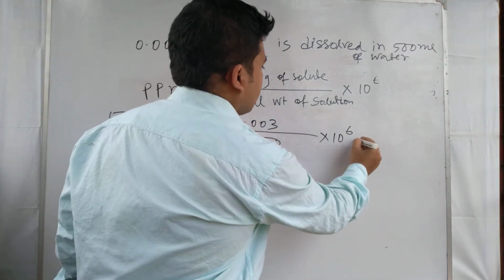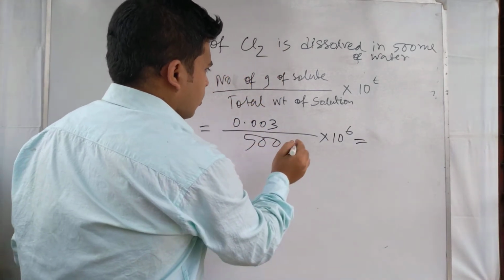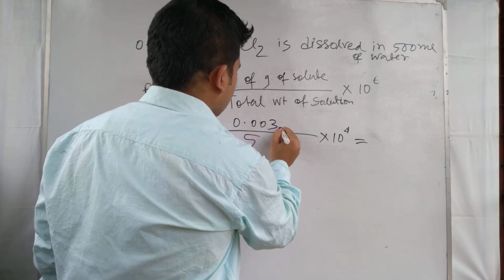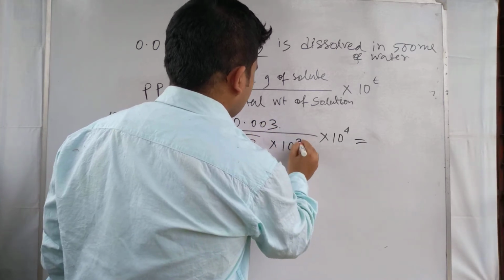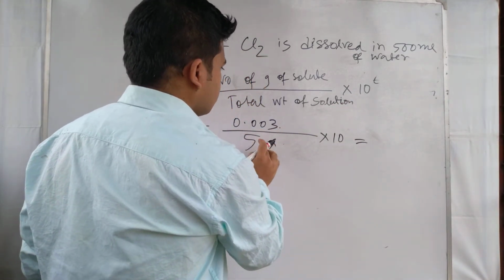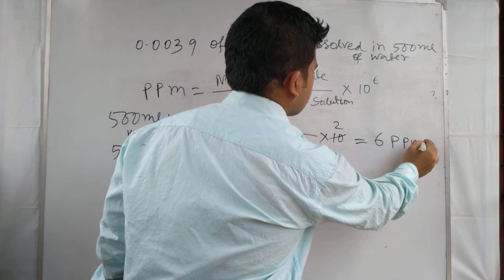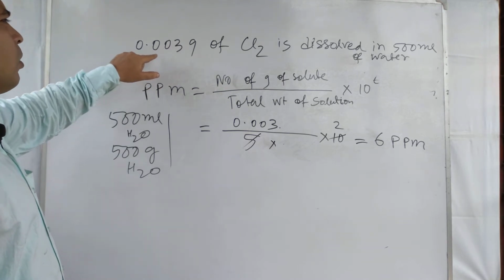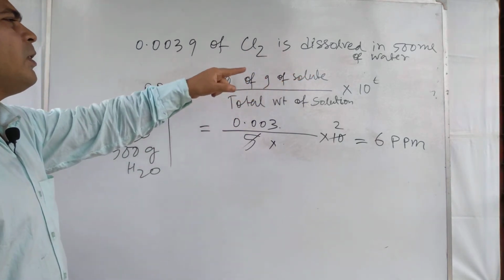If we calculate this, we cancel powers of 10, and 5 into 2, so that means 6 ppm. 6 ppm is the concentration of chlorine when 0.003 gram of chlorine is dissolved in 500 ml of water.